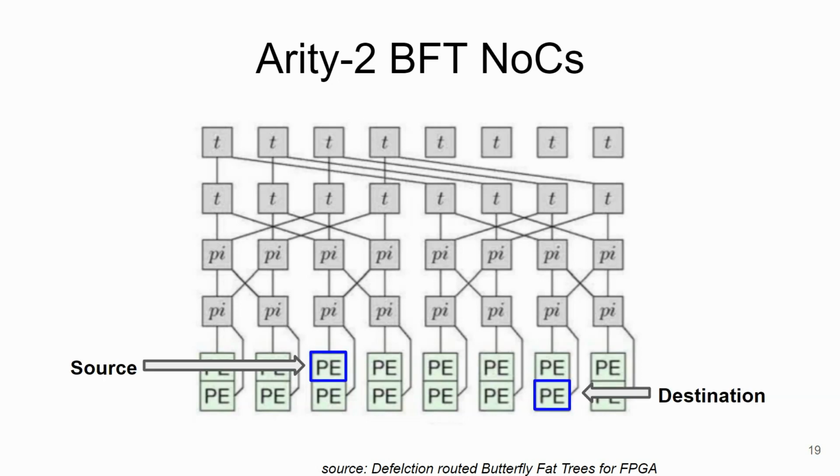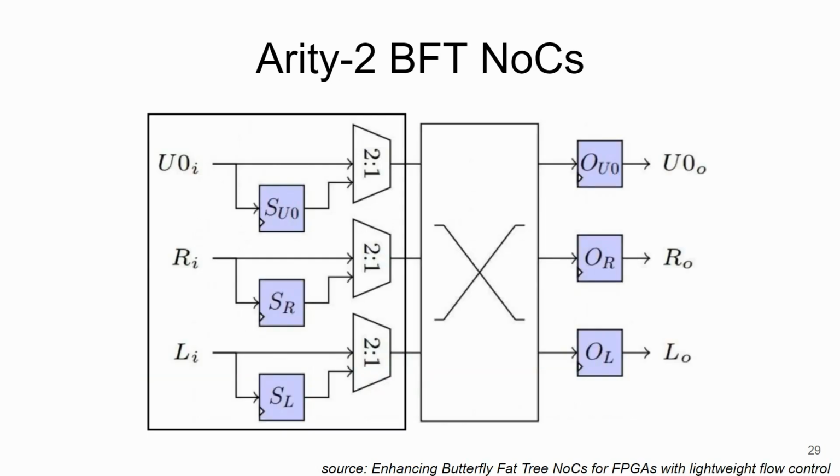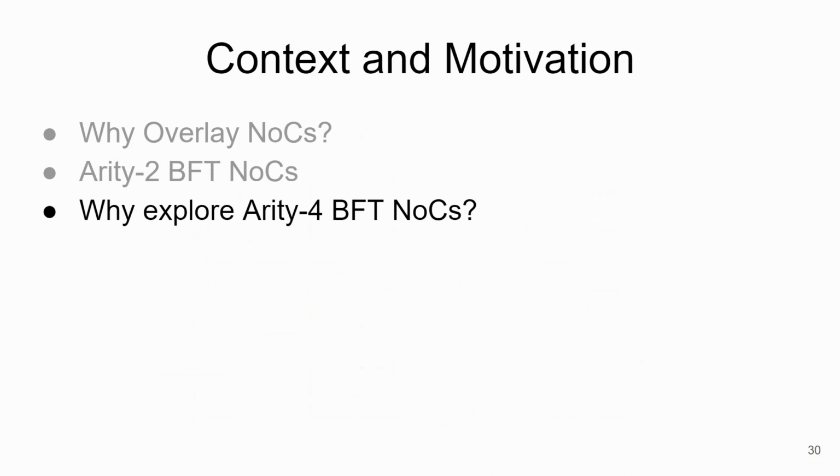Packets are routed from source to destination by climbing the tree hierarchy until arriving at a switch from which they may descend to the destination. A later work added a latency-insensitive interface to implement flow control, where packets that lose contention for switch outputs are stored in shadow registers. A round-robin arbiter ensures fair access to outputs by inputs.